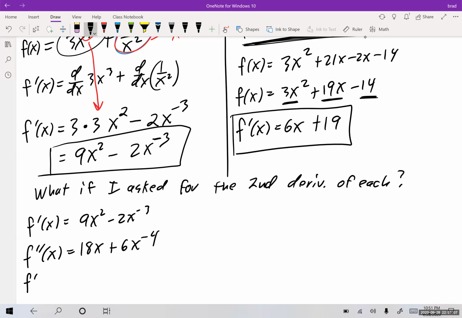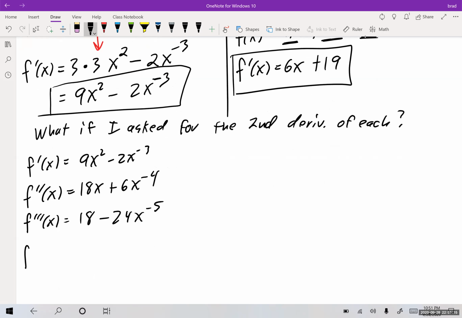What would f triple prime be if they asked? Well, it would be 18 minus 24x to the negative 5. And what if they said, what's f to the fourth prime of x, which they could? We would say, well, this is 0 plus 120x to the negative 6, okay?